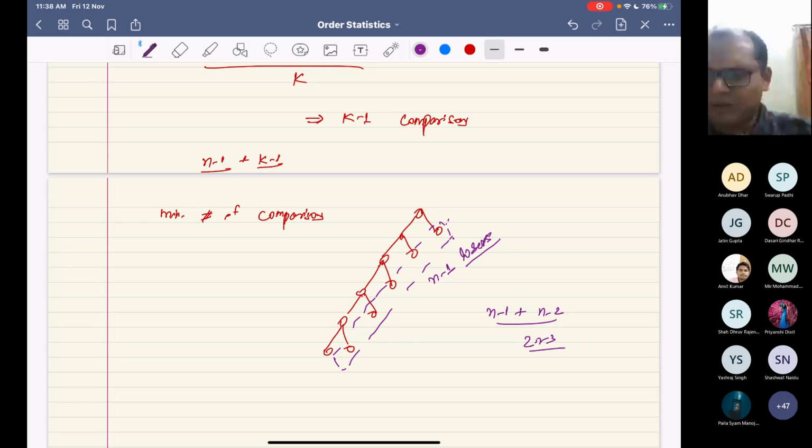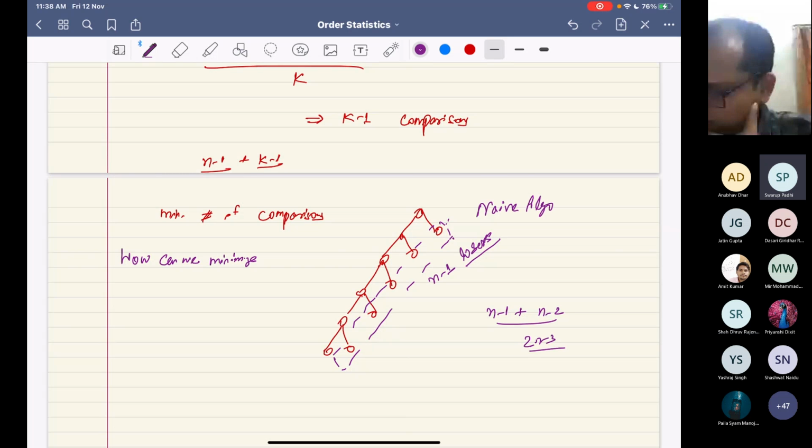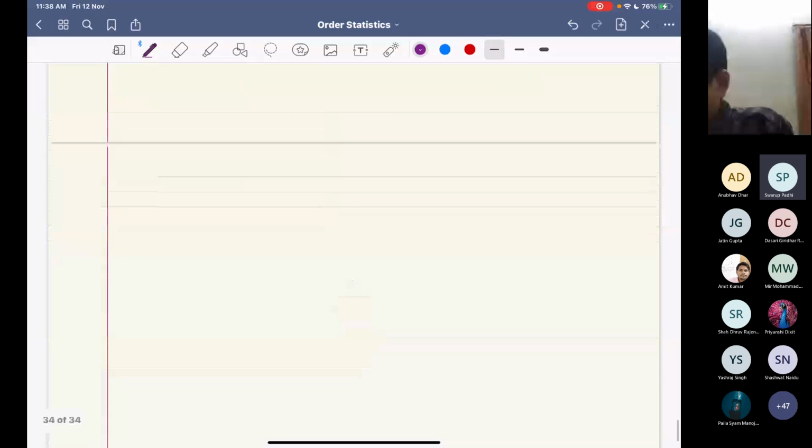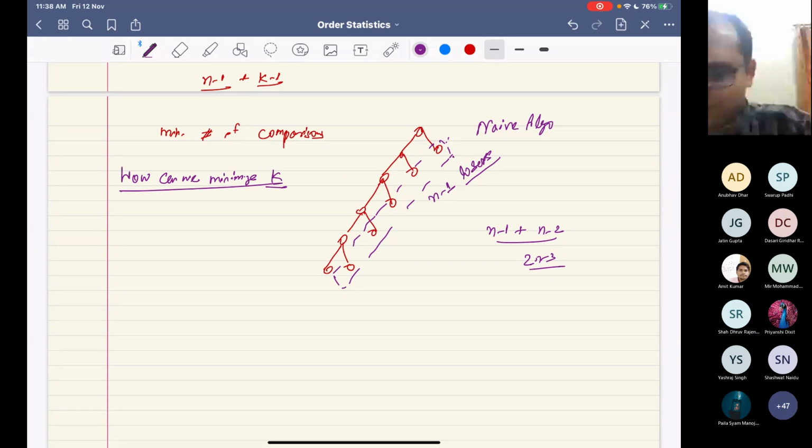So now the question is, how can we minimize k? No, I didn't say that n minus 1 is the minimum k. I said that in the naive algorithm, we take k as n minus 1. Sir, we can do it like this: player 1 plays with 2, player 3 plays with 4, then the winners of these two play each other. Yes, you have to minimize k, that is, minimize the matches that the winner plays.